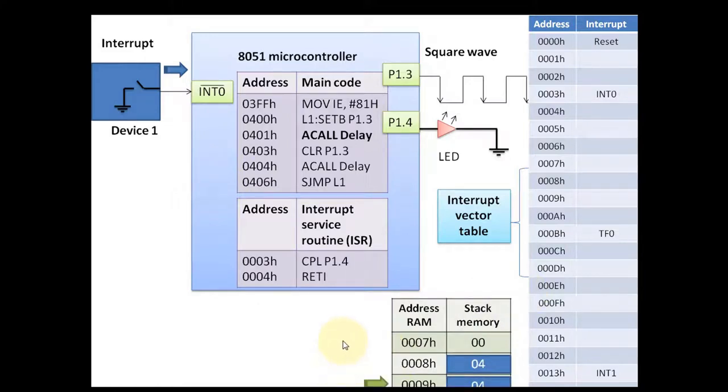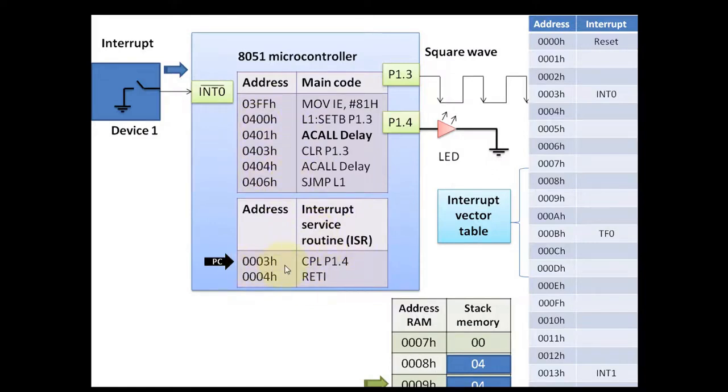Then the PC will get shifted to location 003H. So simply the program control is now transferred from main code to the ISR, interrupt service routine.